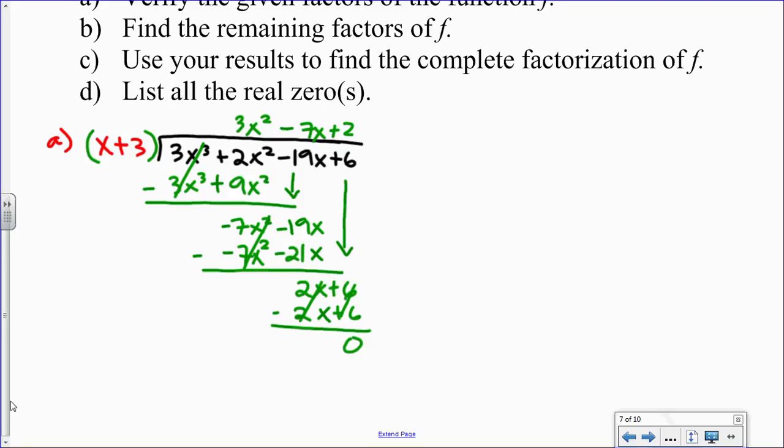Or do you see where you went wrong? Okay.